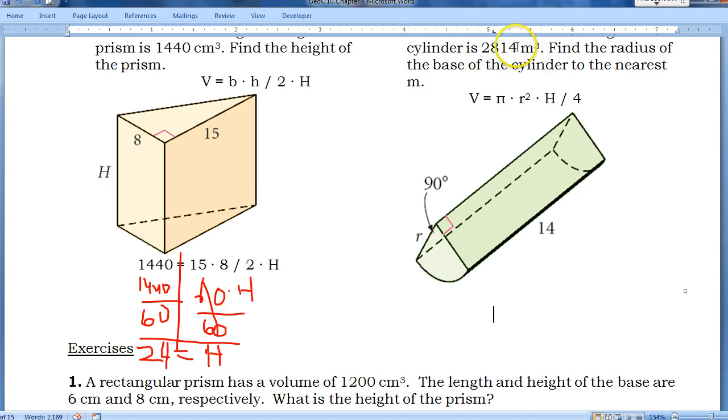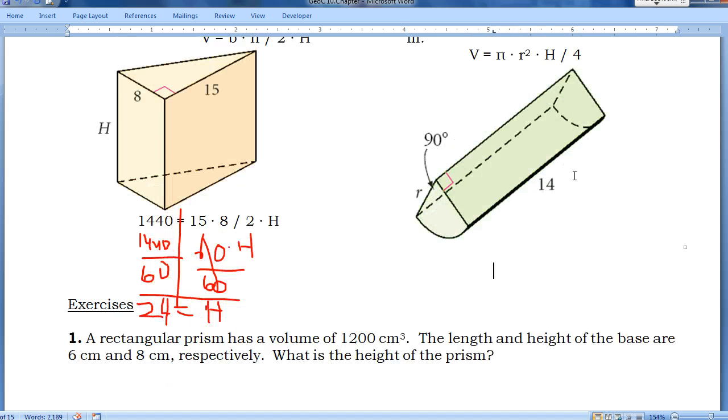My volume is 2,814, and that is equal to pi times the radius squared times the height divided by 4.